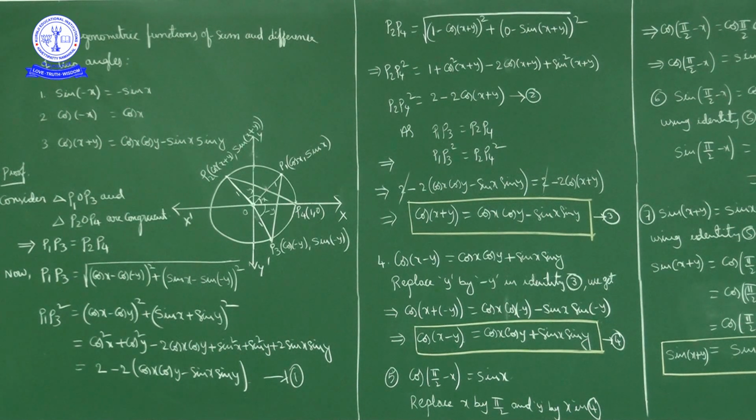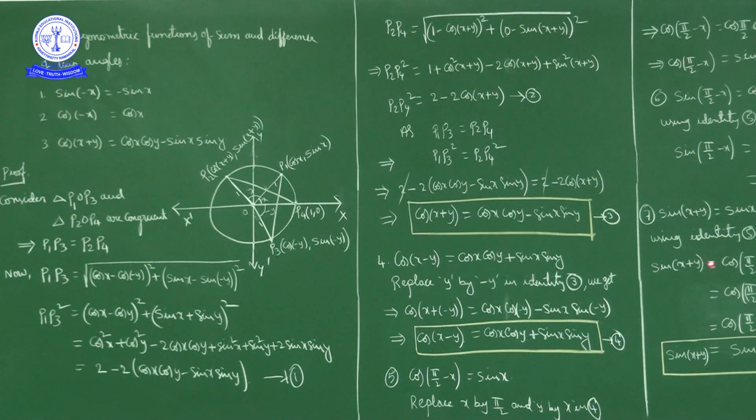Okay, next identity: sin x plus y expansion is sin x cos y plus cos x sin y. Sin x plus y formula, using identity 5, is cos of pi by 2 minus of x plus y.